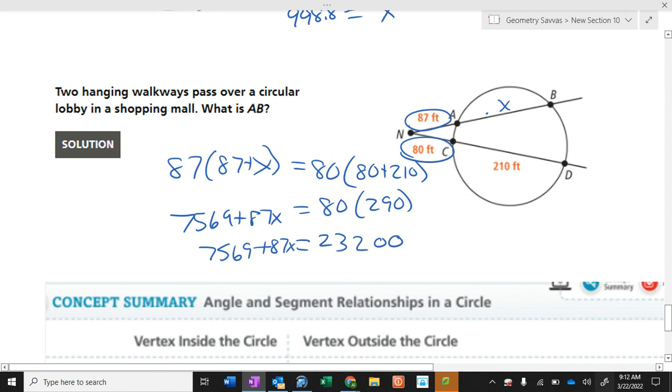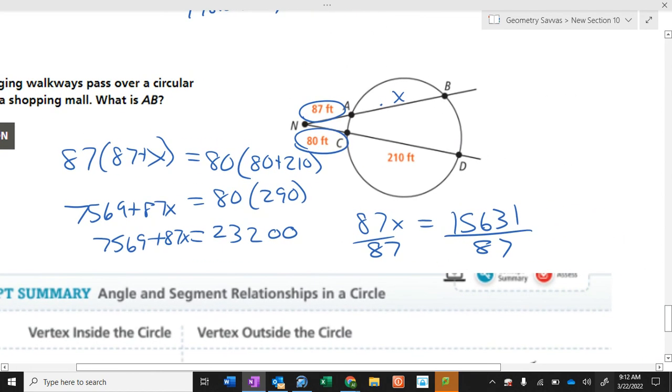So if we subtract 7569, 87x would equal 15,631. Divide by 87, and you get about 180.